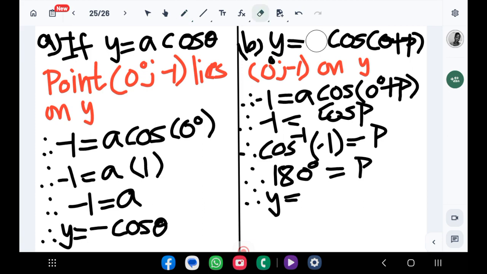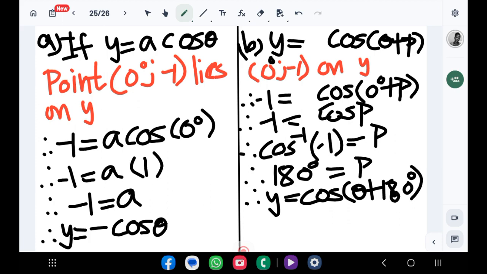Sorry about that. It is just y equals cos of theta. All right, so therefore y equals cos of theta plus 180 degrees.